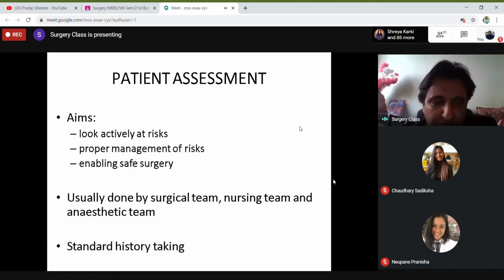Whenever you do patient assessment, the aims are to look actively at risk, manage the risk properly, and enable safe surgery.